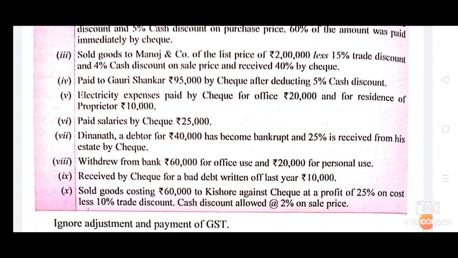Next, received by cheque for a bad debt written off last year rupees 10,000. And last entry is sold goods costing rupees 60,000 to Kishore against cheque at a profit of 25% on cost, less 10% trade discount, cash discount allowed at 2% on sales price.